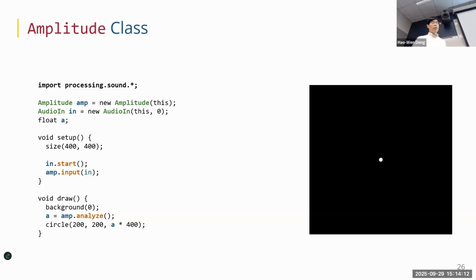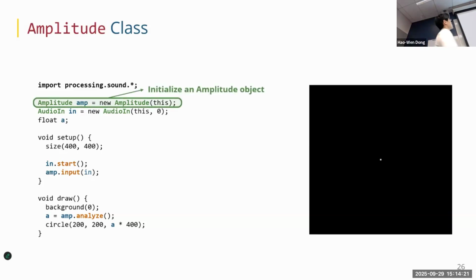So in this case, while it's still opening, what you will see is that you initialize an amplitude object, and you initialize an audio in object. The audio in object is something that will just work with your microphone, and the amplitude object is something that can be applied on top of an audio input so that it can analyze the amplitude.